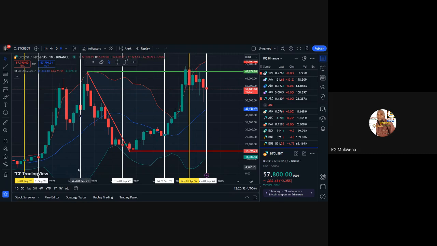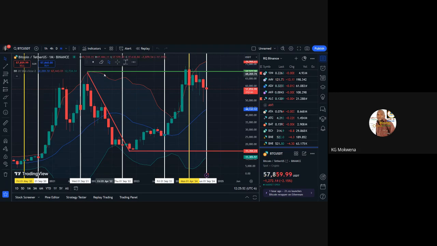You can see here we have 2021 September, and then we have October where the price shot up. Also, you can see this bigger green candlestick here, and thereafter October came. Although it closed bearish, the highest price the market hit then was $69,000 US dollars.